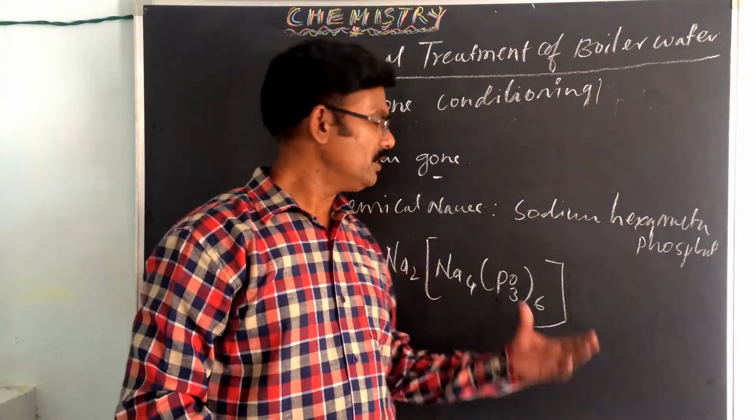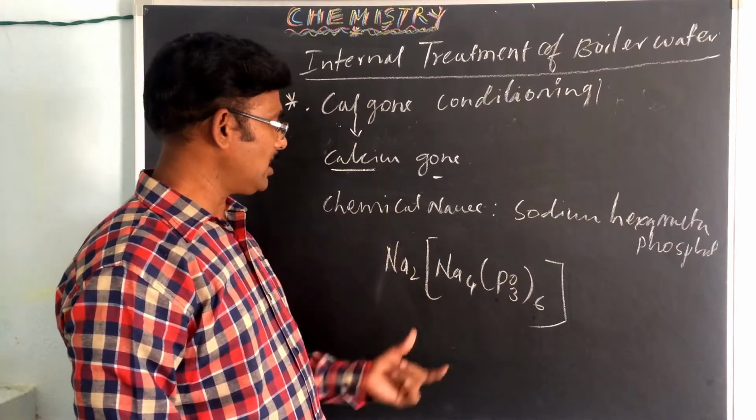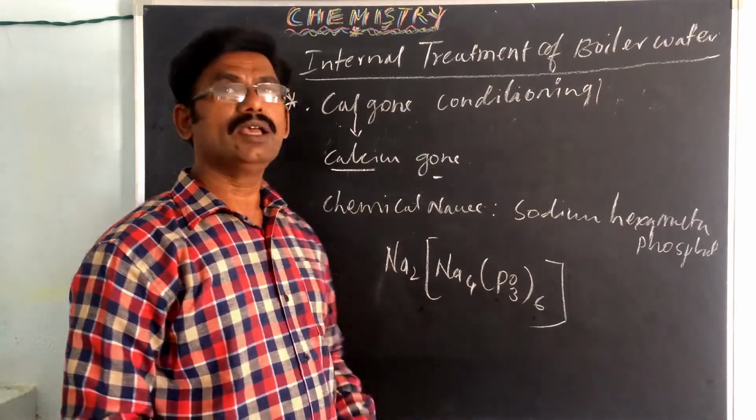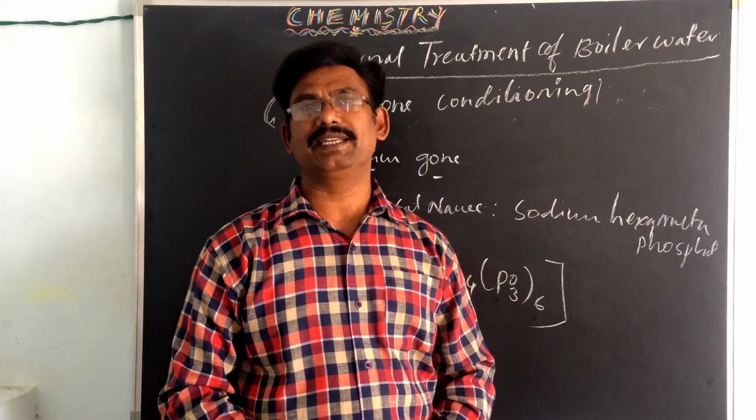It's very, very important. This is the boiler compound or Calgon compound. Sodium hexametaphosphate we have to use.